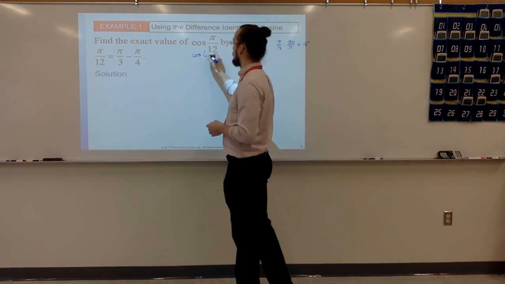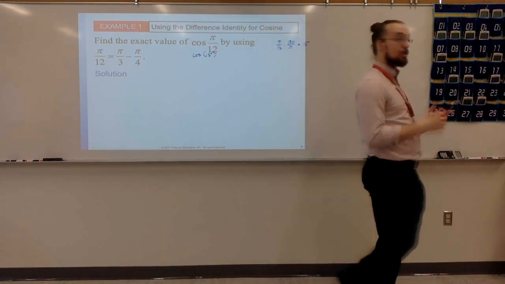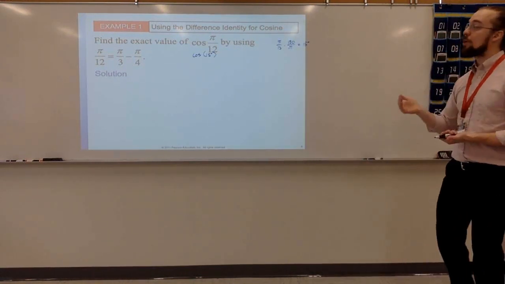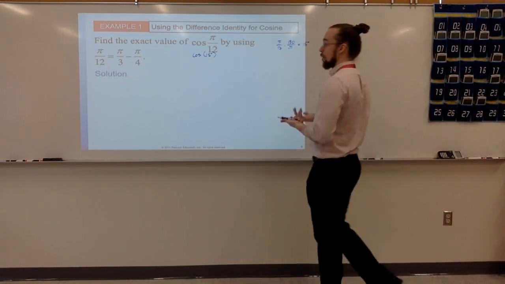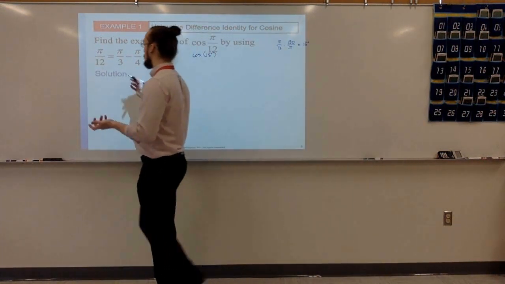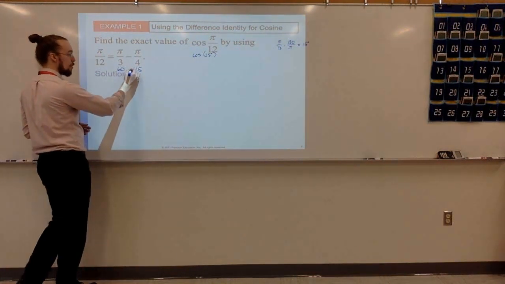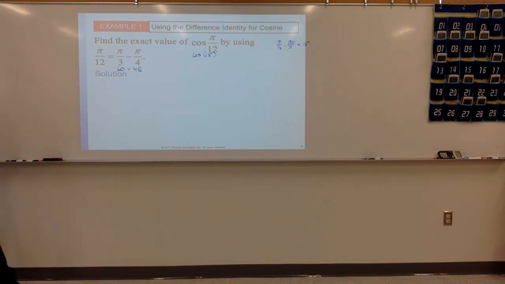I want two angles that I know on the unit circle that can add or subtract to get 15. Well, I know 60 and 45, and I know the values of sine and cosine of those angles.